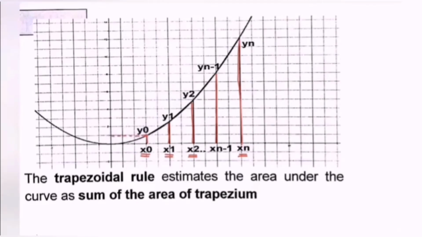So we denote it as y0. If the situation is x1, we denote it as y1, and so on. So when we are using trapezoidal rule, means that we are going to add this part with the other parts. So in here we will have the area under the graph.